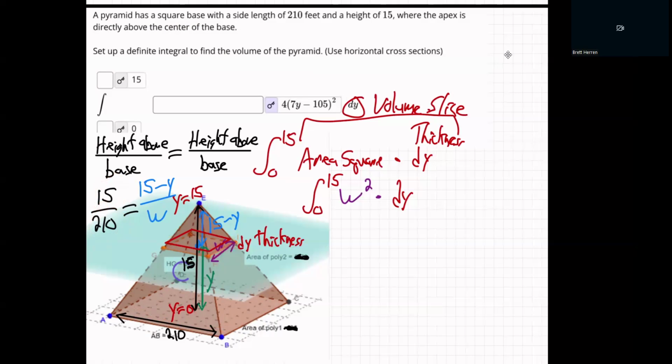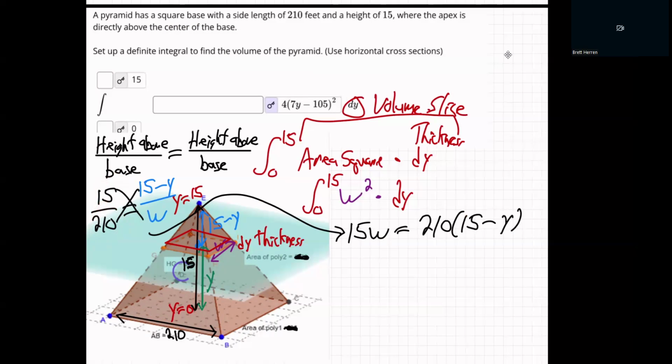We can use that to cross multiply and solve for w. So we get 15w is 210 times 15 minus y. Divide by 15. Use your calculator, that'd be 14 times 15 minus y.